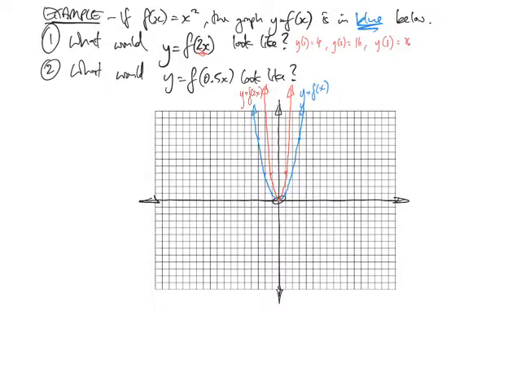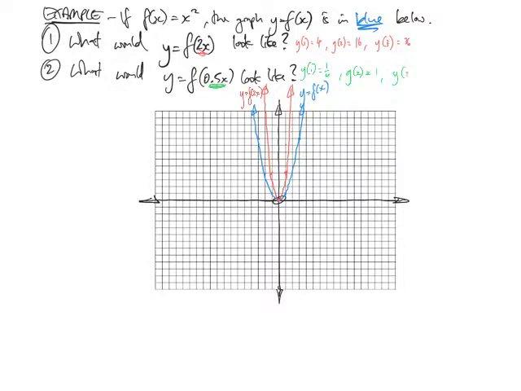Now in green, we're going to do the opposite way. I need some points. So this time, you're halving the variable before applying the function, which is to square. So 1 halved is a half, and a half squared, a half times a half, is a quarter. So when x is equal to 2, halve it first, which is 1, and then you apply the function, squared. 1 squared is 1.